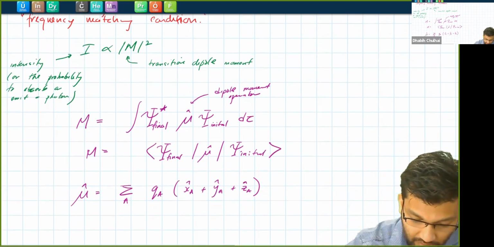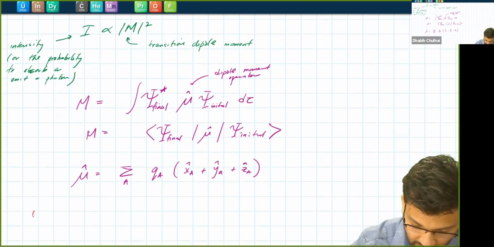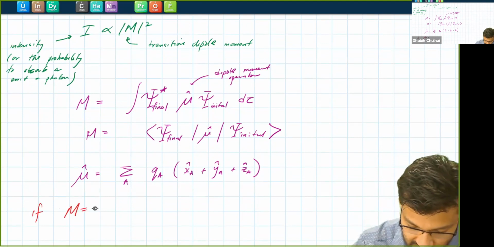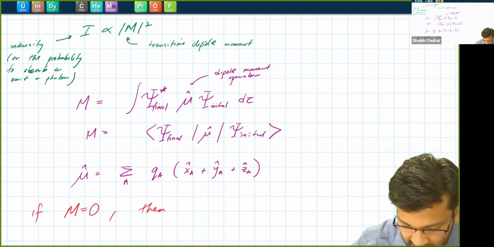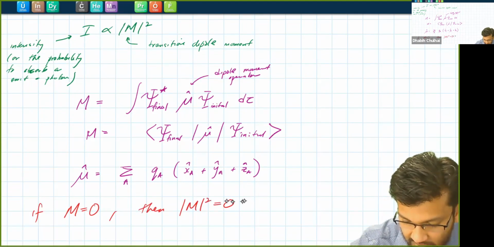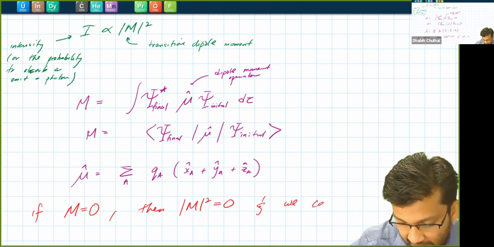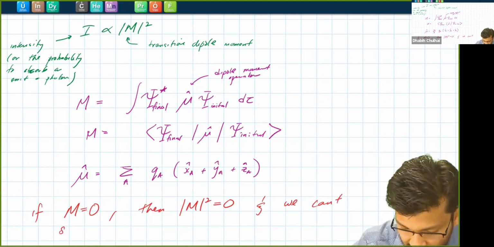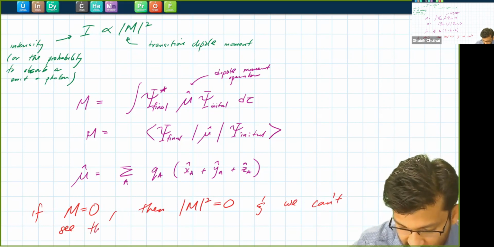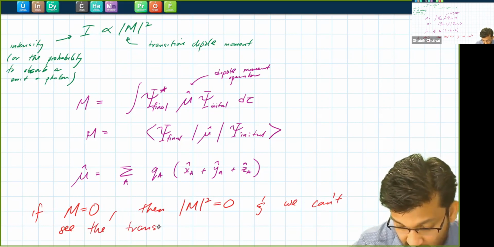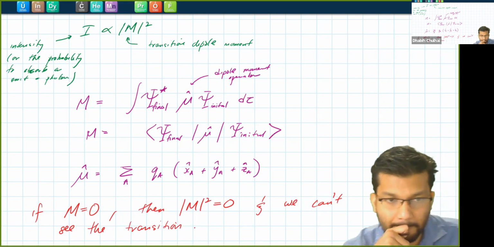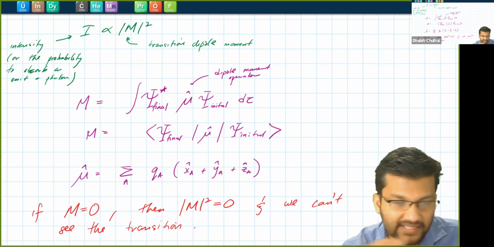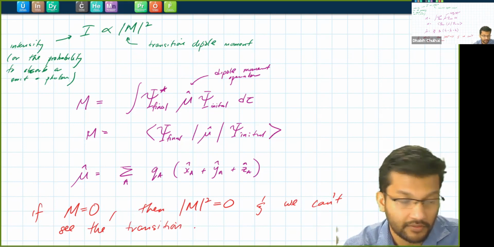Because if this transition dipole is zero, then this M squared will be equal to zero, and we can't see the transition using spectroscopy. Basically, that photon will not be absorbed.